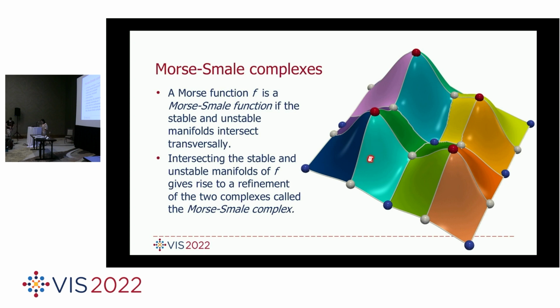And if you go through the inverse gradient, it's going to flow to the same local minimum. So another way to think about it is that you are basically classifying points based on their gradient behavior. Two points are in the same cell if they have identical gradient behavior.